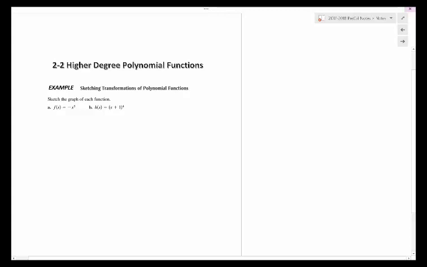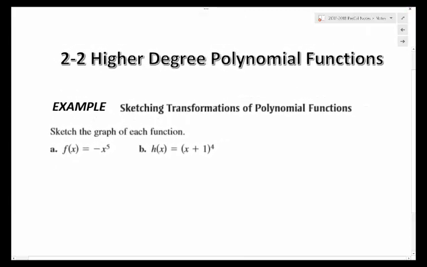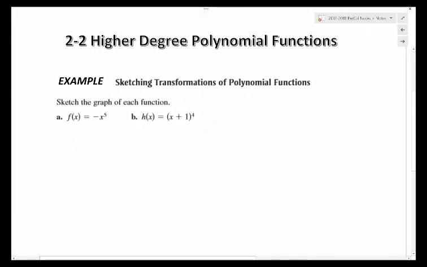Our first example asks us to sketch some transformations of functions. So in A, graph y equals negative x plus 5. Negative x to the fifth, I'm sorry, is going to end up looking somewhat like that.